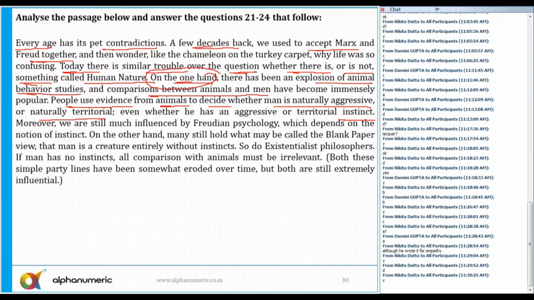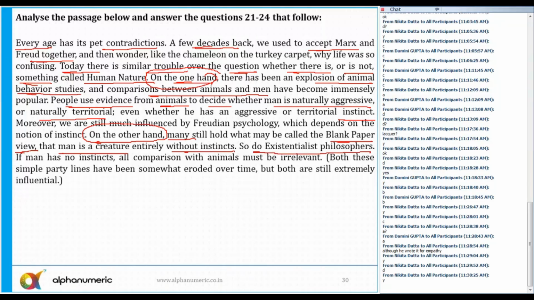On the other hand, there are many people who hold the blank paper view. What is the blank paper view? The blank paper view is that man is a creature without any instincts. Man has no instincts. So all the existentialist philosophers hold the blank paper view.